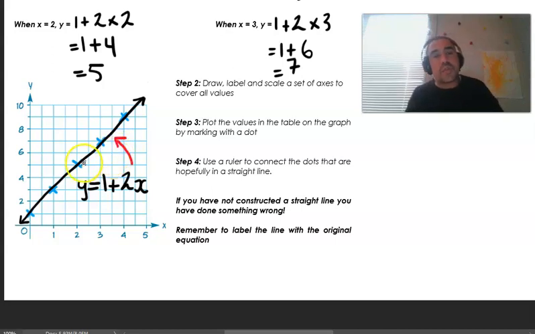Now there's a difference between a label and a title, okay? A label is something specifically that goes to a characteristic on the graph. In this case, this line has a label. For every y value we get, this y value is equal to whatever x value we choose to put in, times by 2, and then added 1 into it.